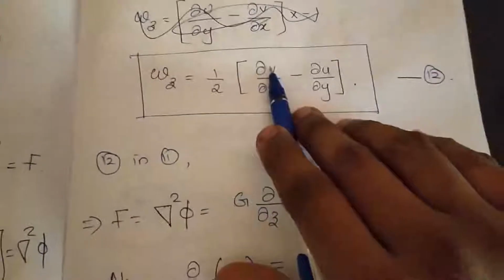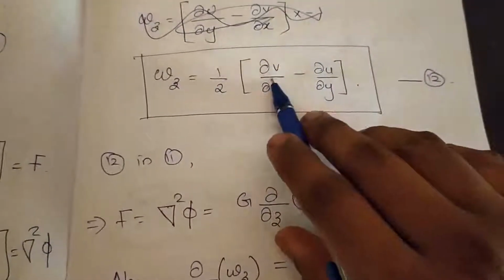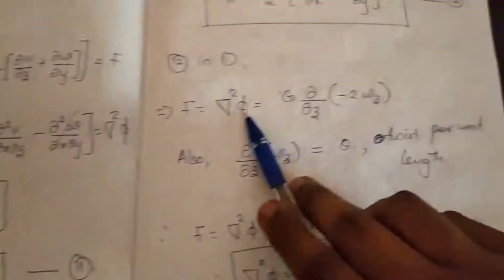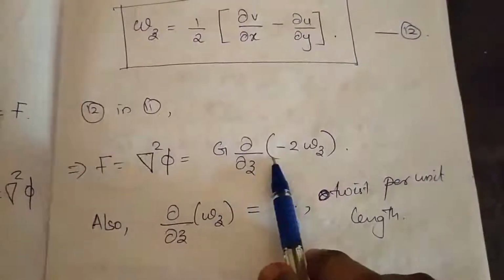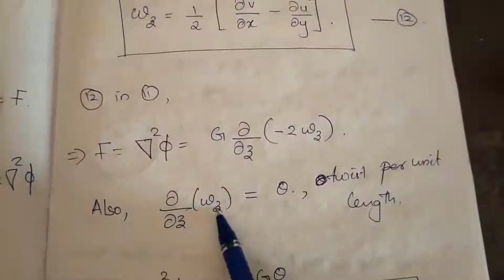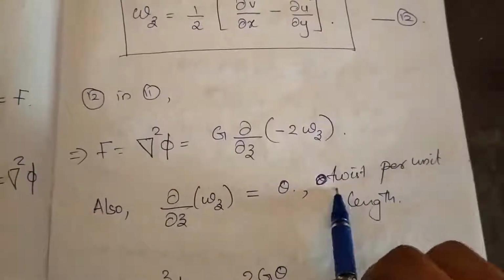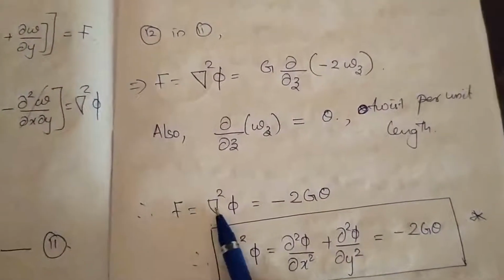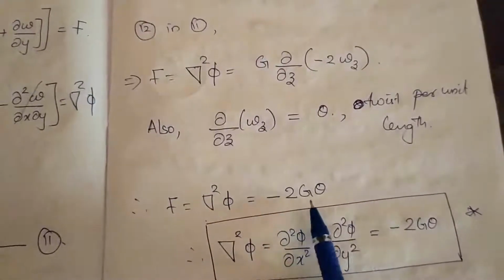This you need to mug up. Now the equation becomes G into minus 2 omega z, and dou by dou z of omega z is theta. The theta is twist per unit length. So here you found del square phi is equal to minus 2G theta.